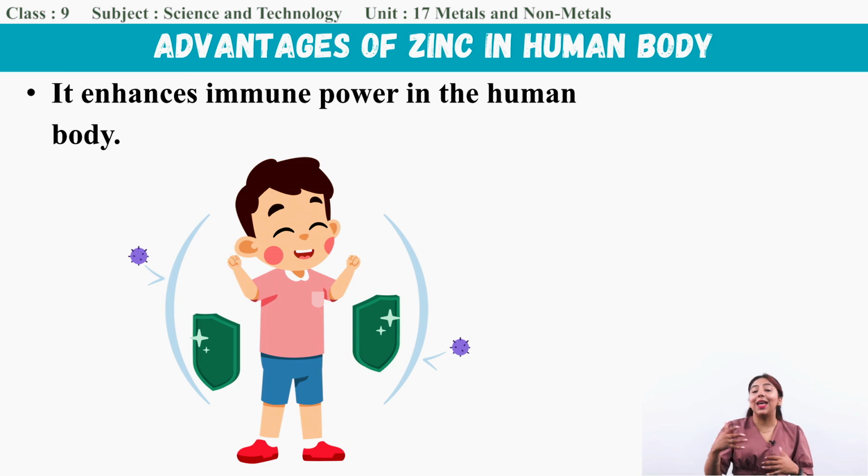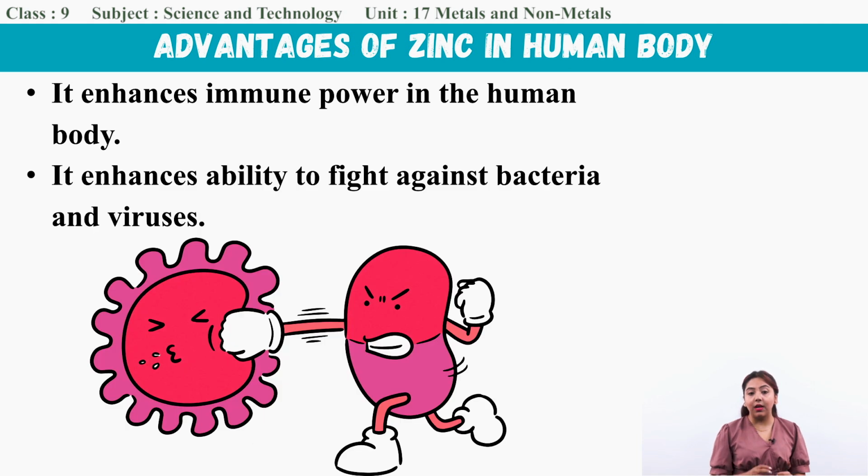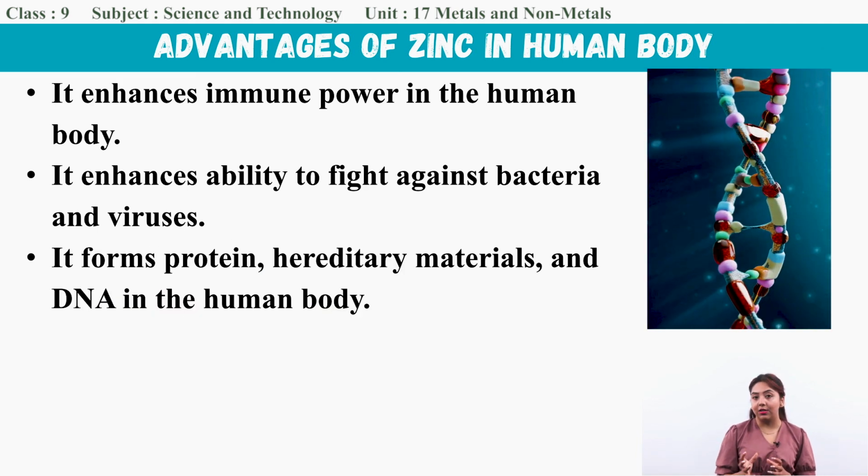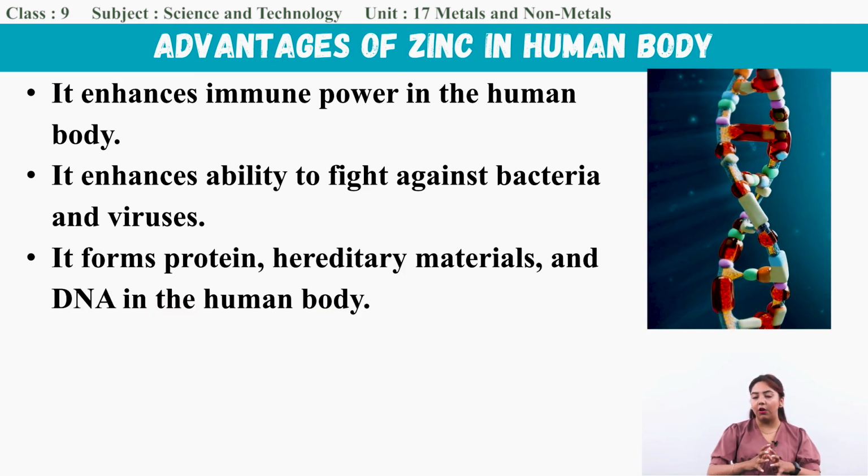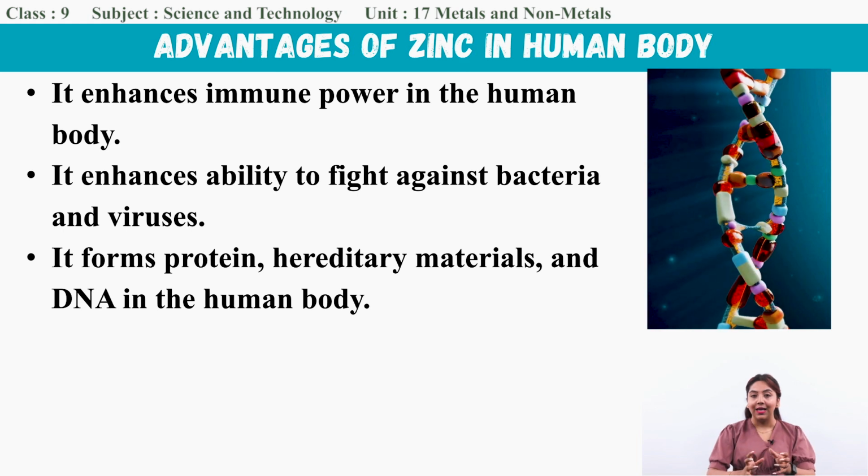So it improves the immune power of the human body. Since zinc helps in formation of antibodies, it also enhances the ability of our body to fight against bacteria and viruses.